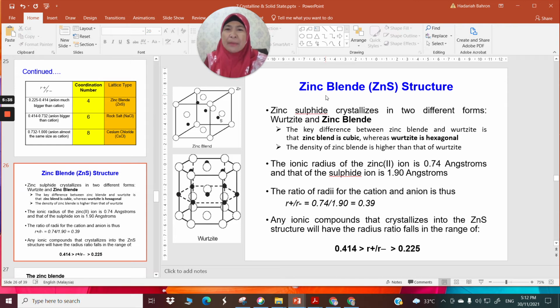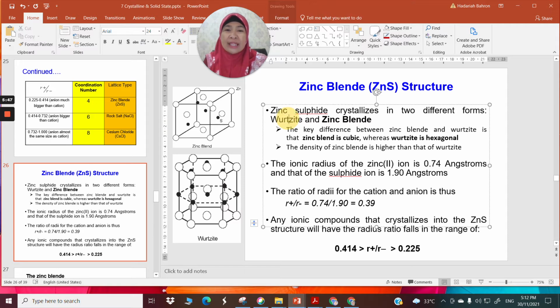Okay, I'm going to start with zinc blende. Zinc blende, or zinc sulfide, crystallizes into two different forms depending on temperature. One is called the wurtzite structure. Another one is called the zinc blende structure. The key difference is that zinc blende is cubic and wurtzite is hexagonal.